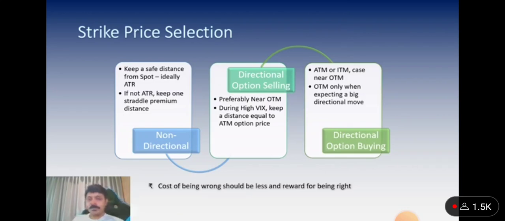So during high VIX, keep a distance equal to the ATM option price. If the volatility is very high, the VIX is like 15, 16, and the market is wildly moving, imagine on a Monday the at the money option is trading at 300 rupees. So I try to keep at least a 300 points away option and sell that.